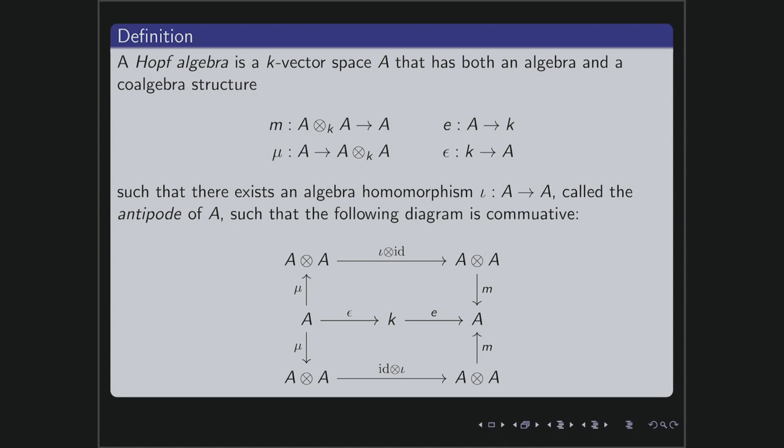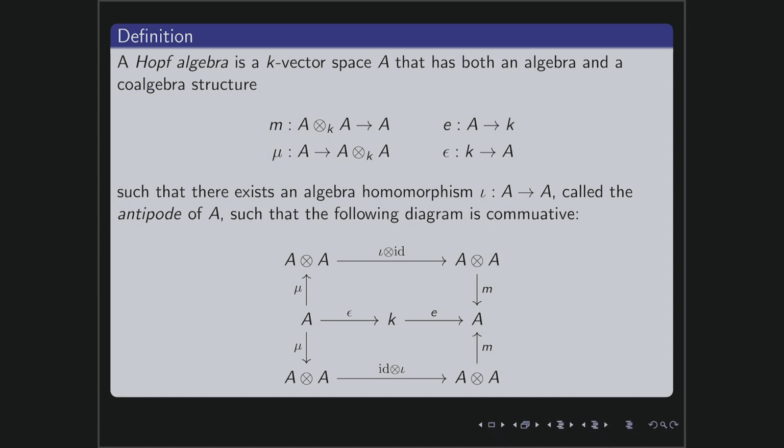What I'm saying now is that I can naturally give A the structure of a co-algebra as well. So I have an algebra and a co-algebra structure, such that I also have some map that is called an antipode, which corresponds to the fact that I can invert group elements, so that this map here becomes a group, and this bijection here becomes a group isomorphism.